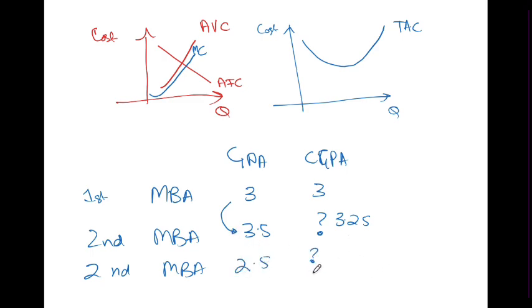Will it go up or go down? Because you scored less than the average from last time, your CGPA would fall to maybe 2.75. So if you've understood what happens to your CGPA based on your marginal performance, this second semester score is how you performed marginally in the next semester.